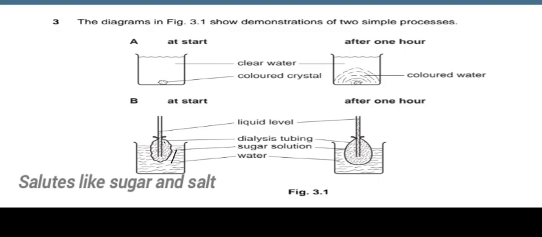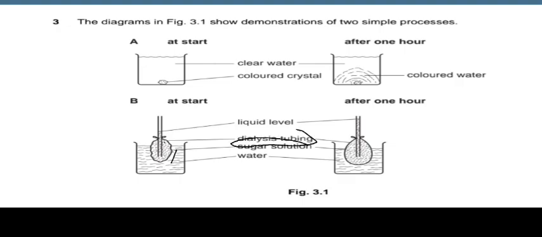When you talk of higher water potential, it is a solution with less solutes in it. So by definition, osmosis is the movement of water molecules from the region of higher water potential, that is lower concentration, to the region of lower water potential, that is higher concentration. Inside the dialysis tubing here, we have this sugar solution.